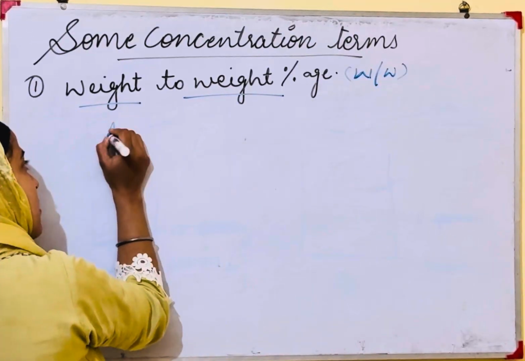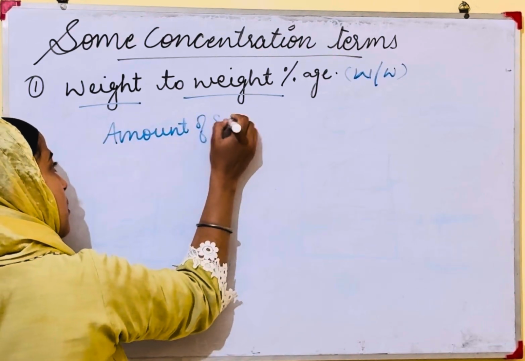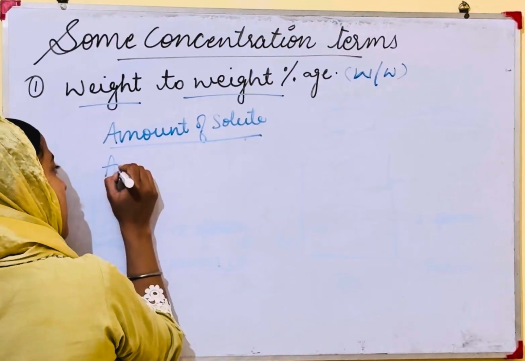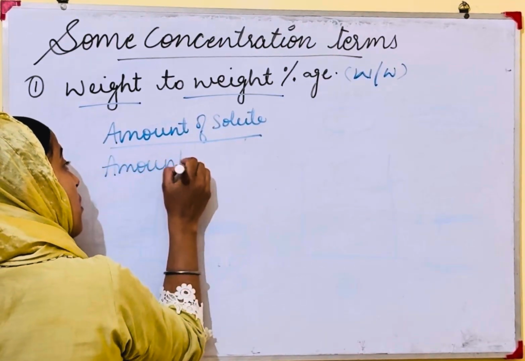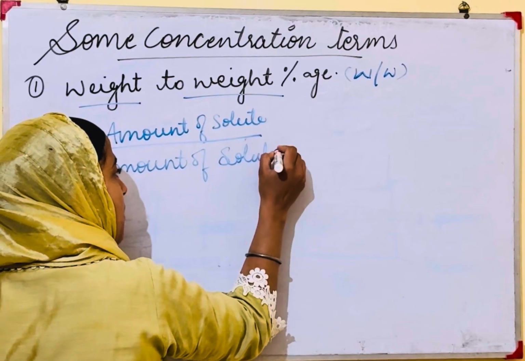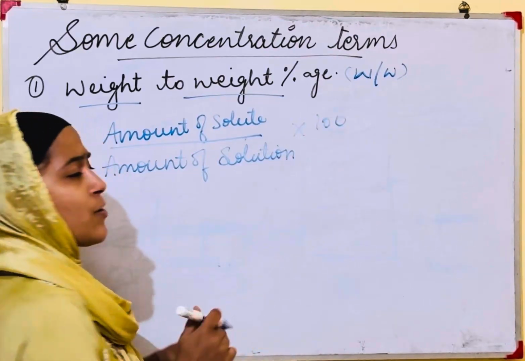So it is amount of solute divided by amount of solution, total amount of solution, multiply by 100. To calculate the percentage, this is the formula.